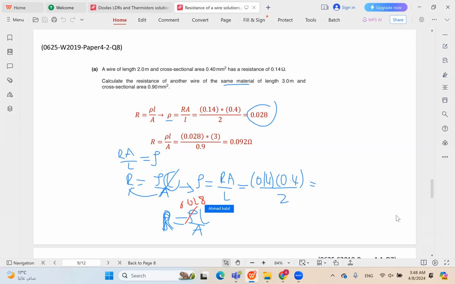And the value of L is 3. And the value of A is 0.9. And we want to get the resistance. So we multiply 0.028 times 3 divided by 0.9. This gives us 0.092 ohms. And this would be the final answer here.